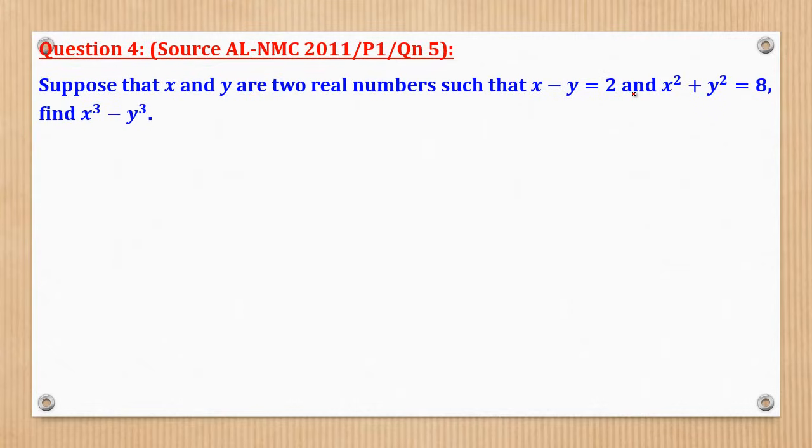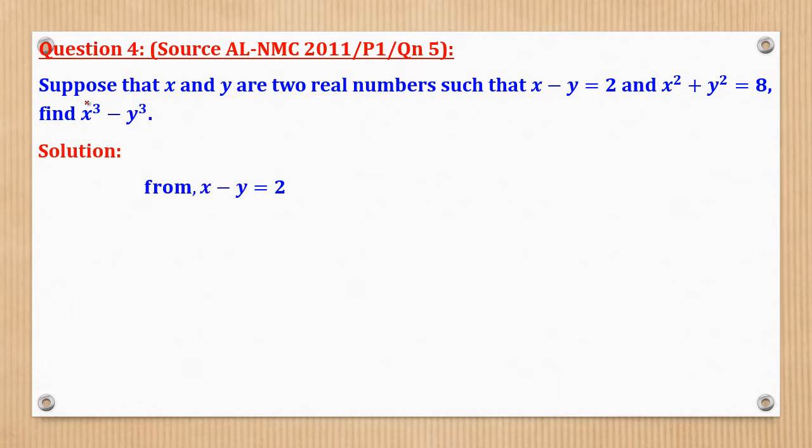Question 4 says, suppose that x and y are two real numbers such that x minus y is equal to 2 and x squared plus y squared equal to 8. Find the value of x cubed minus y cubed.